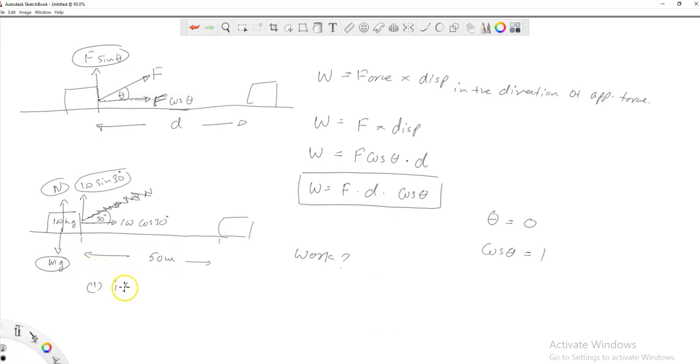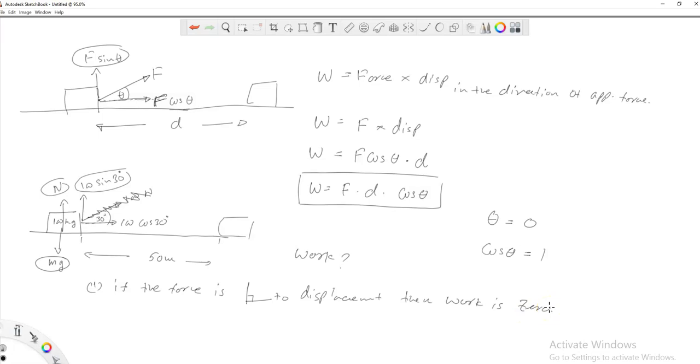If the force is perpendicular to displacement, then work is 0.